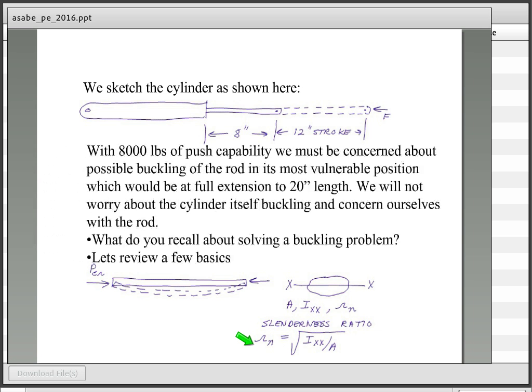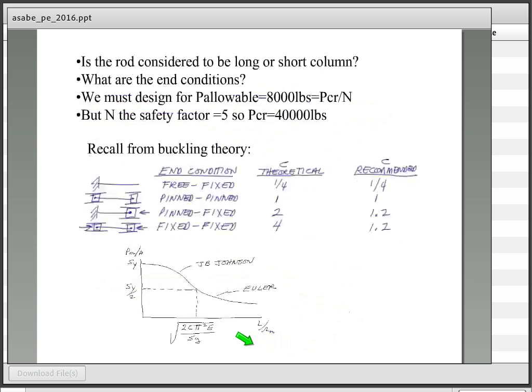And how's that used? Well, let me just advance on here for just a second. It comes down to consideration of end conditions. It makes a lot of difference on how a column responds in column loading.